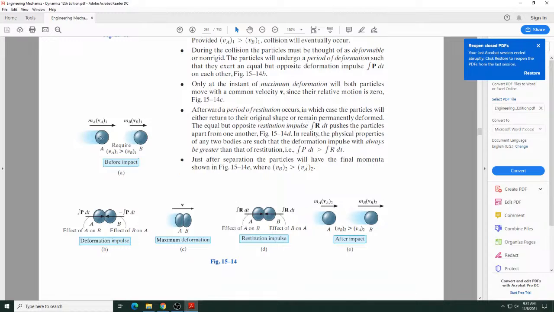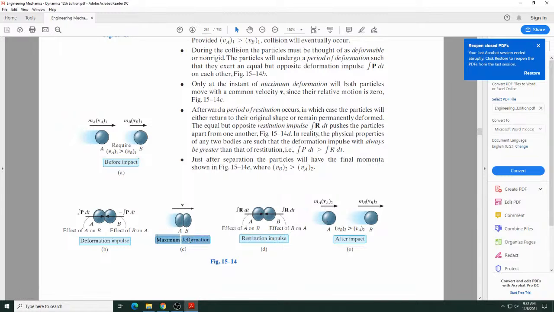Think about the 2 trains, A and B. They hit each other, they compress, they have a deformation impulse, then they deform a little bit, or quite a bit possibly, and then they restore or have a restitution value there. And then they have after impact. So you actually have what he's describing as 3 phases of impact.